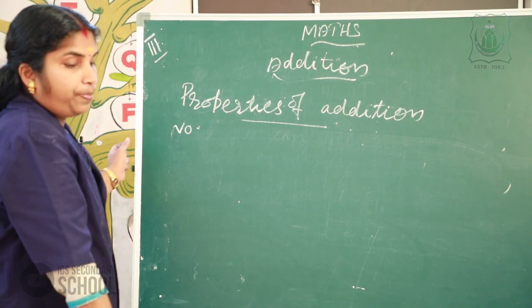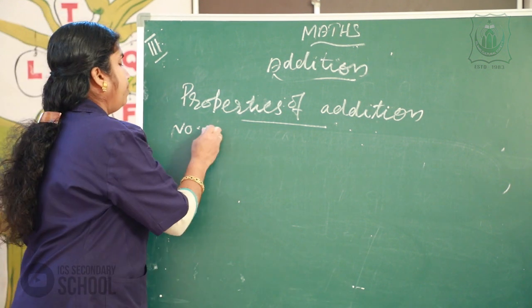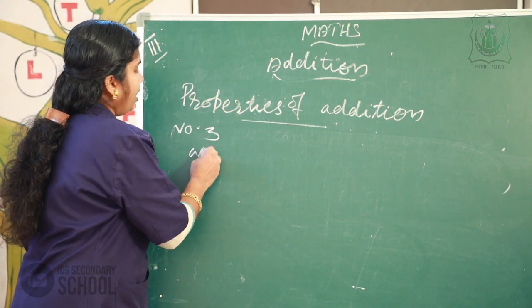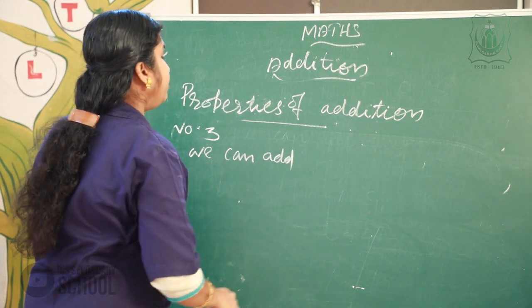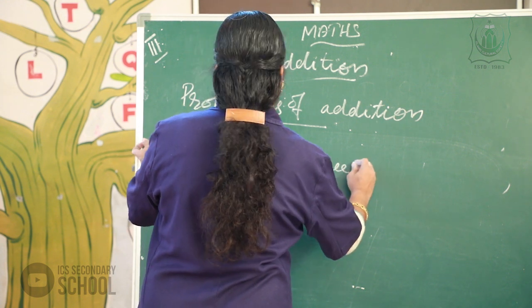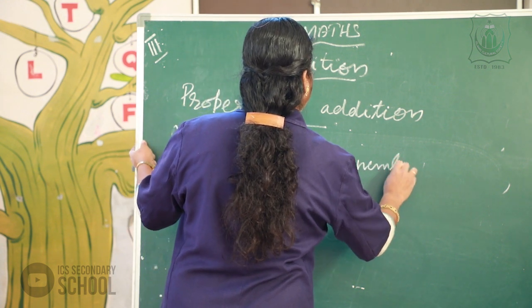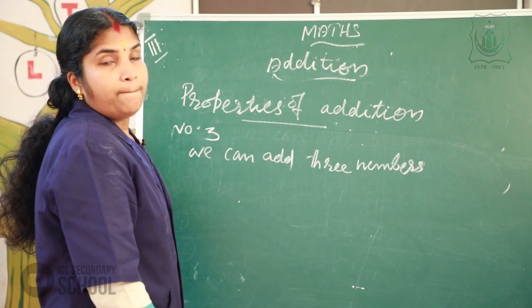Okay. Next, property 3. We can add 3 numbers by grouping.